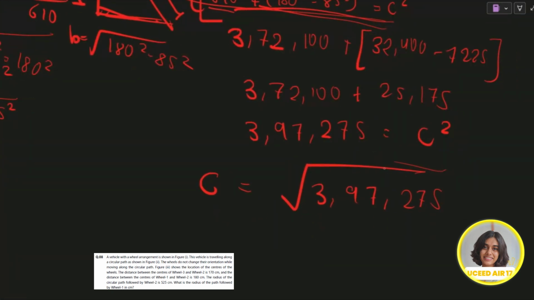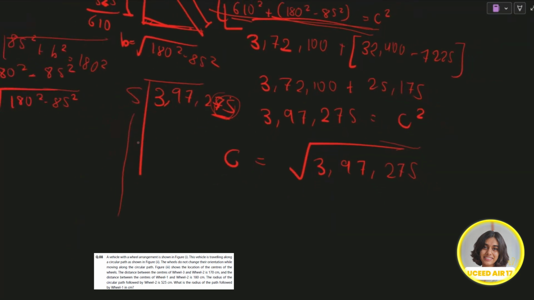Now also for finding a square root, I can tell you a method. Do factorization of this 397275. I can see that it's divisible by 25, or if not 25, then 5. Then factorize it like that, and you might arrive at some number.